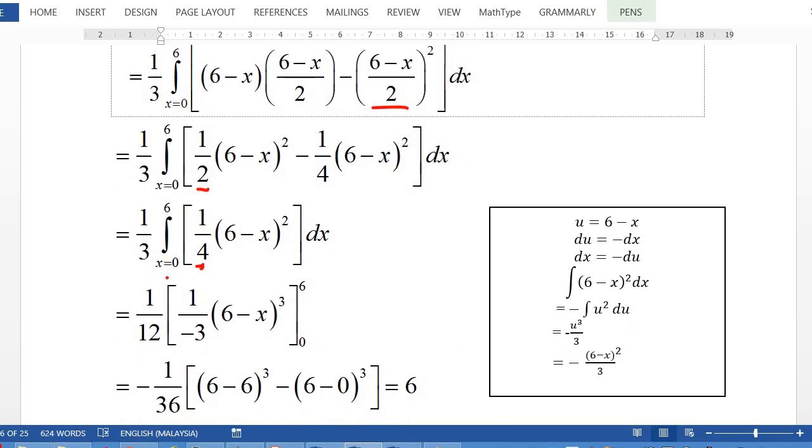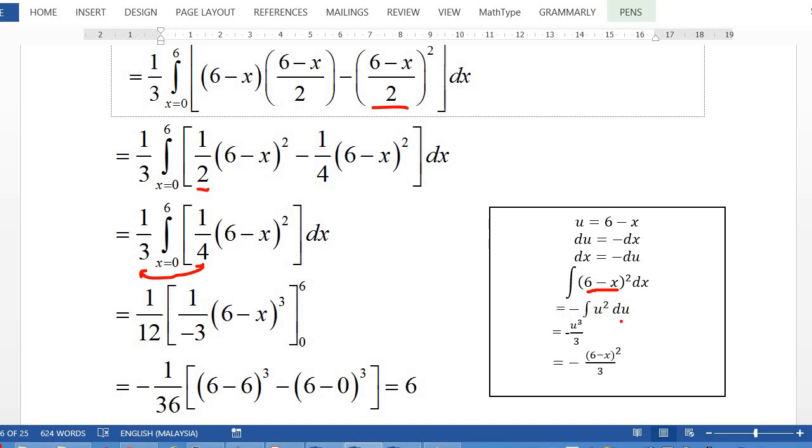Then you factor out 1/4, you have 1 over 12. Then integrate 6 minus x squared. You can use the substitution technique. u equals 6 minus x, and then du is negative dx, so dx will be negative du. Hence the integral of 6 minus x squared dx, when you replace 6 minus x by u, you have u squared, dx is negative du.